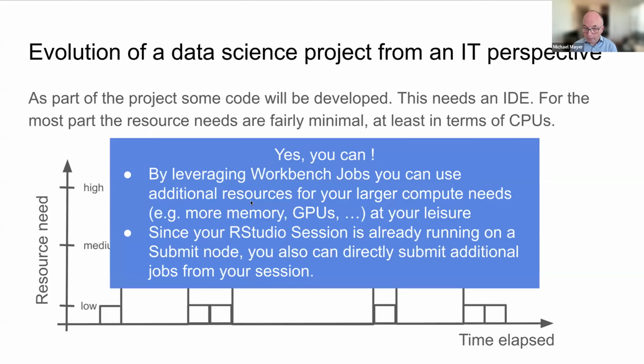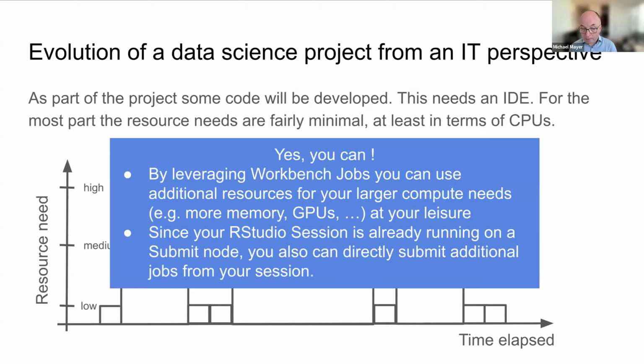And the answer is yes, you can. And you can do it twofold. You can leverage workbench jobs, where you can farm out your long-running job into different jobs, where you can use additional, even more resources than for your interactive session, like more memory, GPUs, and stuff like that.